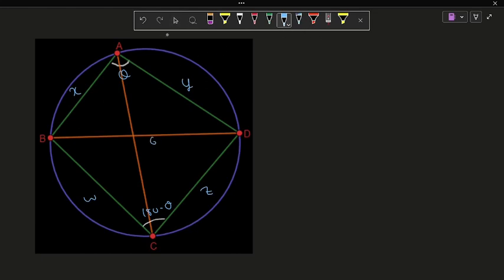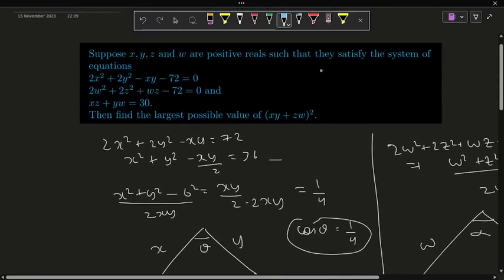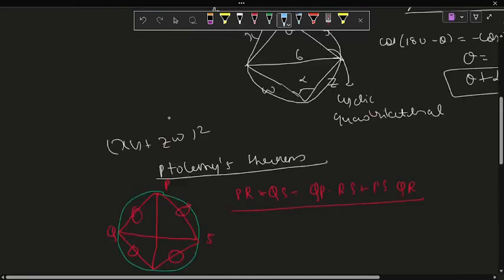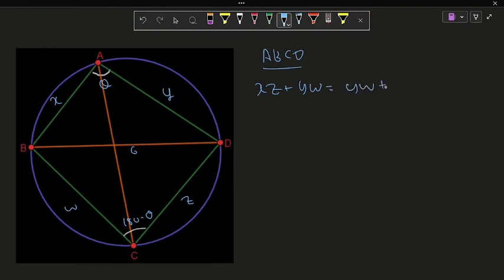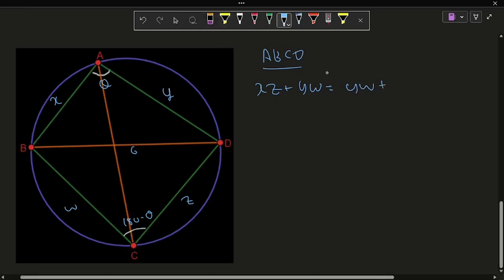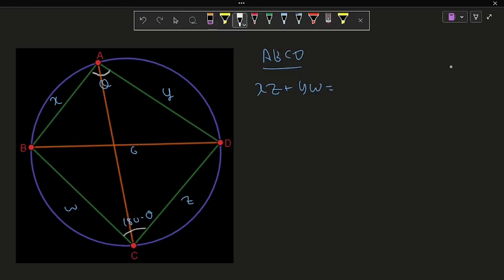So now let's use Ptolemy's theorem on cyclic quadrilateral ABCD. So we have xz plus yw, which we are given as 30, which is equal to the product of diagonals, AC into BD.